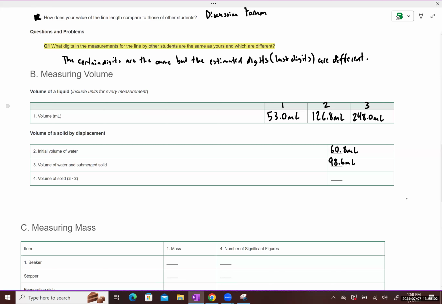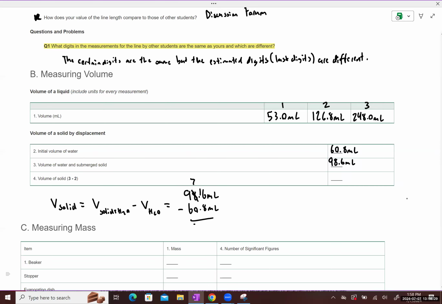Okay, now we have to calculate the volume of the solid. So the volume of the solid corresponds to the volume of the solid plus water minus the volume of just water. So in this case, we take 98.6 milliliters minus 60.8 milliliters.